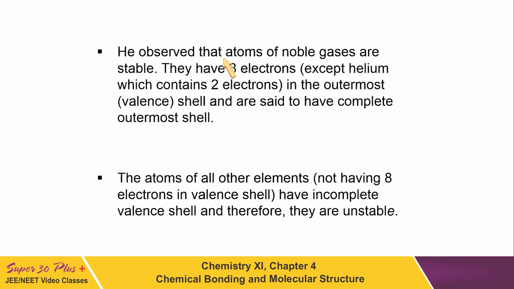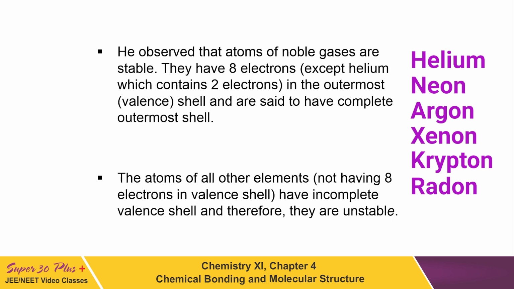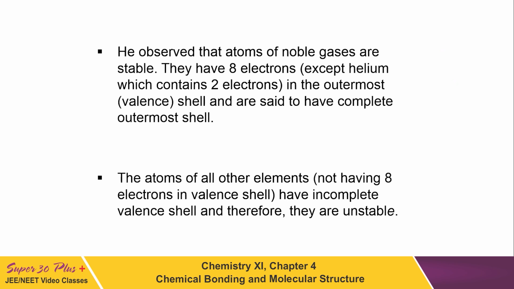He observed that the atoms of noble gases, meaning helium, neon, argon, xenon, krypton, radon, which were previously called inert gases. Nowadays, rather than inert gases, they are called noble gases, because the word noble means less reactive, while inert means no reactivity.